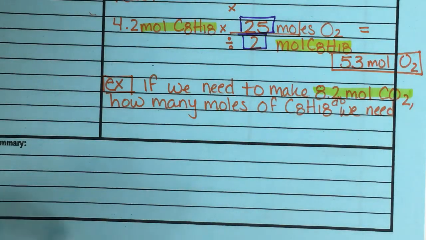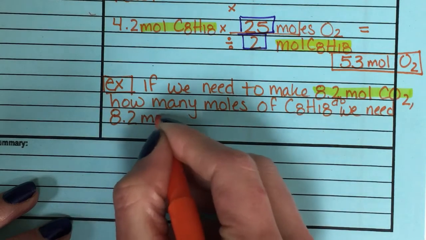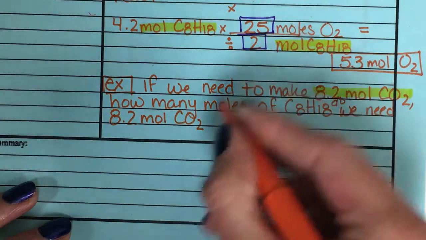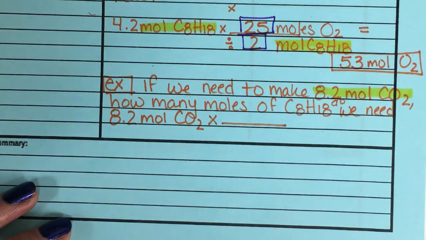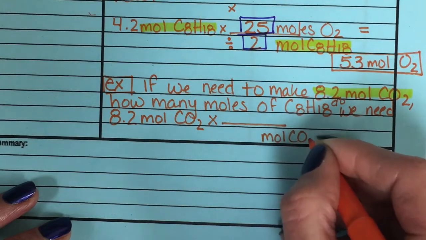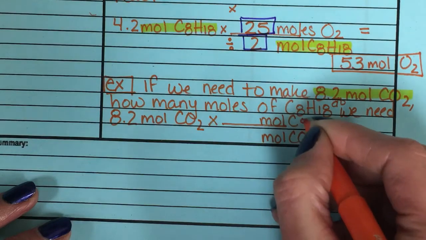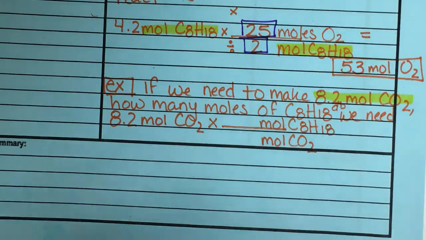So this time, I've got 8.2 moles of CO2. I'm going to draw my times sign. I'm going to draw my line. Moles of CO2 go on the bottom. Moles of C8H18 go on top.